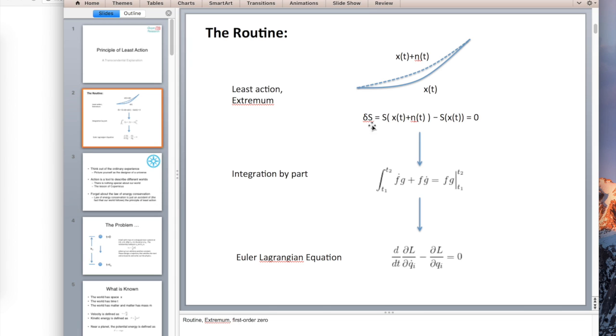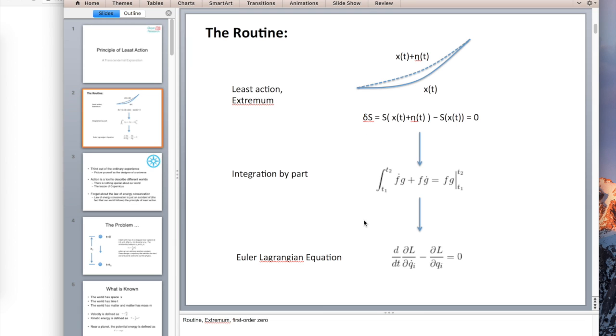So this delta S, which is the real trajectory perturbed by some random small function eta(t) minus the real trajectory, will be 0. Then they will teach you this mathematical trick, which is called integration by parts, which can be used to solve this delta S equals 0 problem.